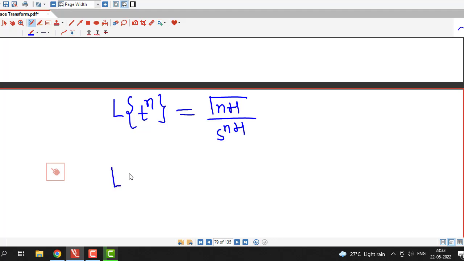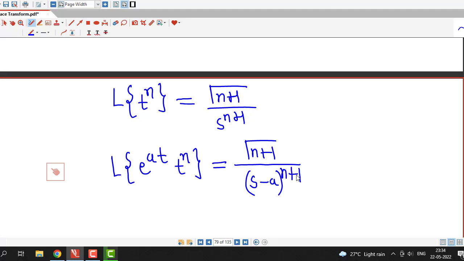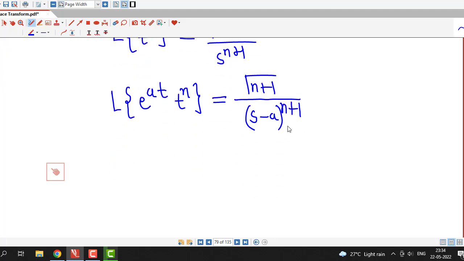Now if we apply the first shifting theorem, we have Laplace transform of e raised to at times t raised to n is equal to gamma n plus 1 divided by s minus a raised to n plus 1. So here we observe that we have this function s minus a raised to something, and if we require nth power, we can replace n by n minus 1 here.